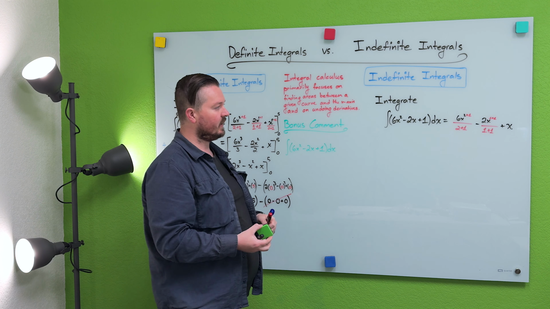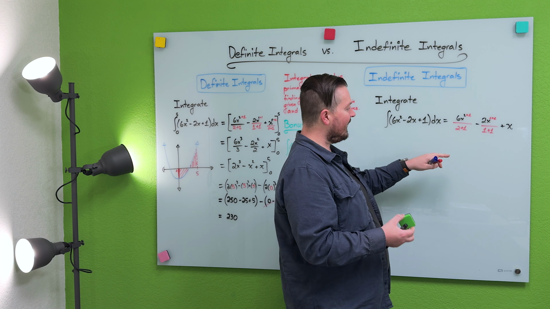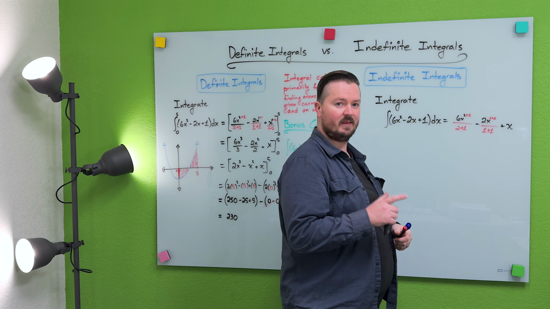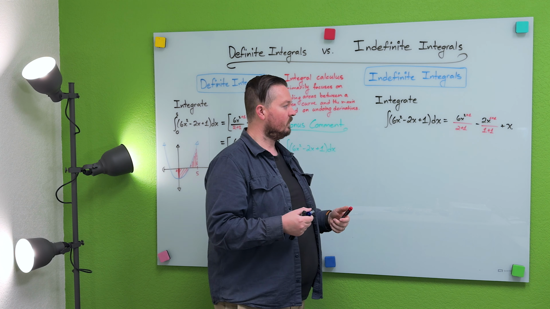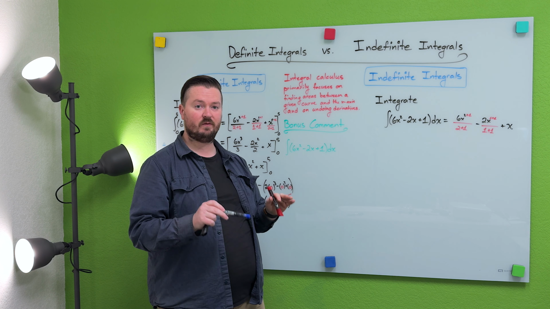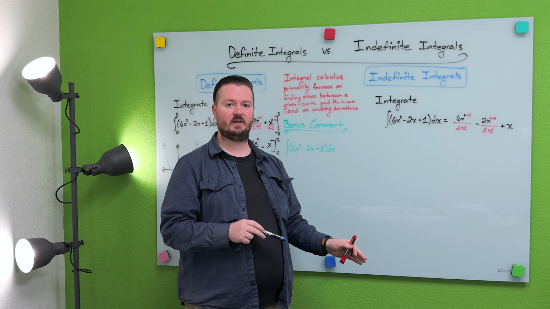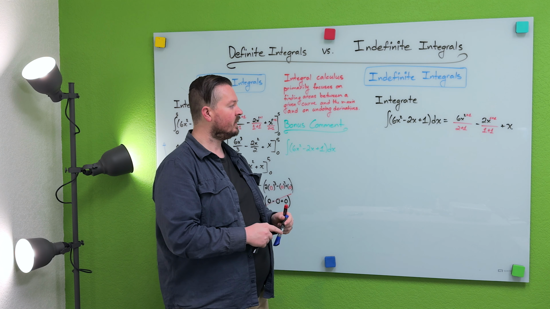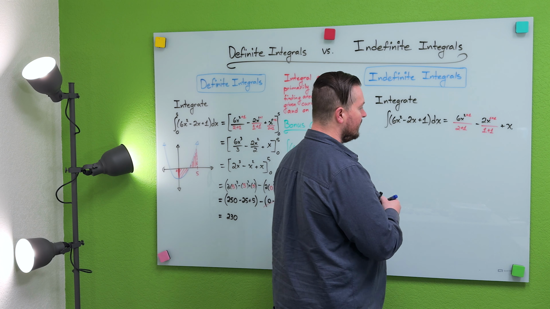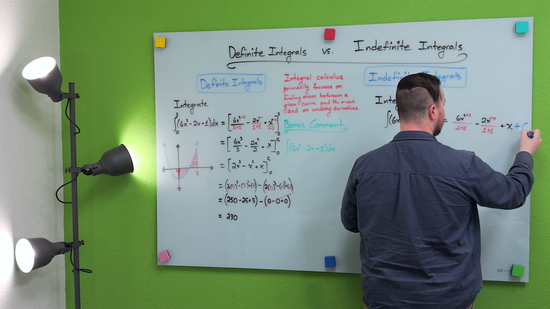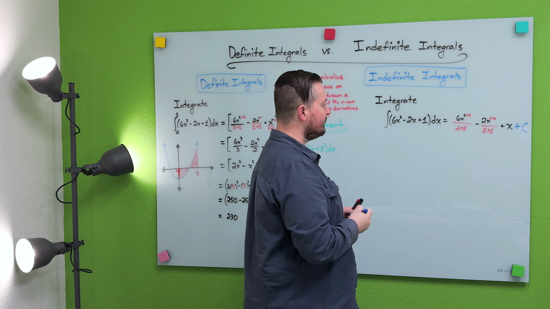Since we don't have limits of integration, we don't need the brackets or parentheses, but now's the time to remember: what do we always need when we just find an antiderivative and then stop there? You have to add plus c.